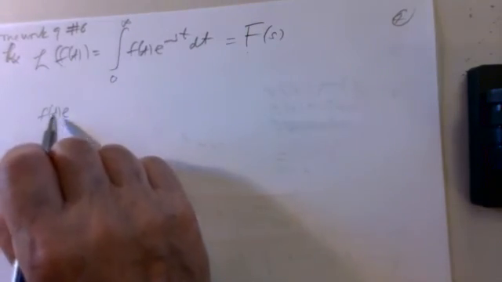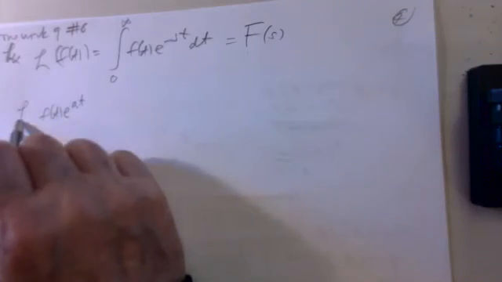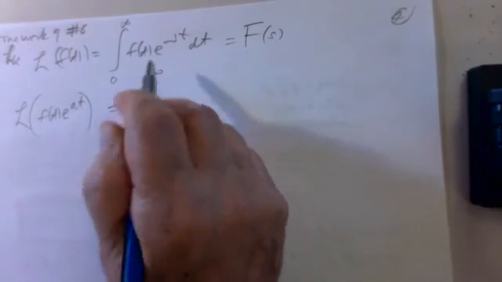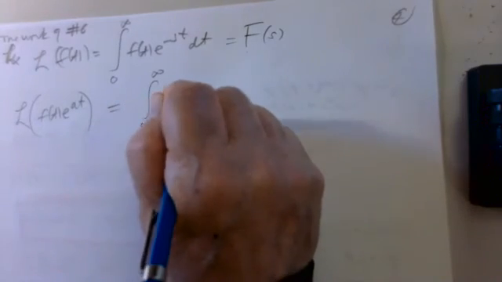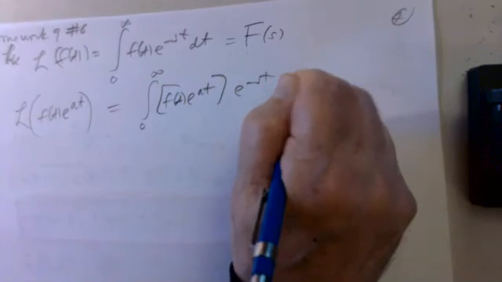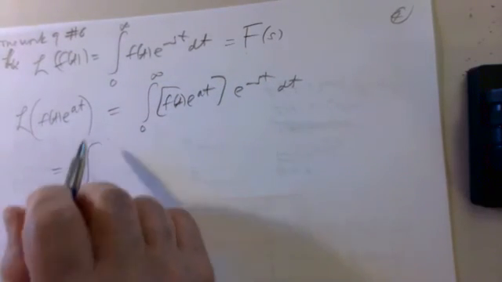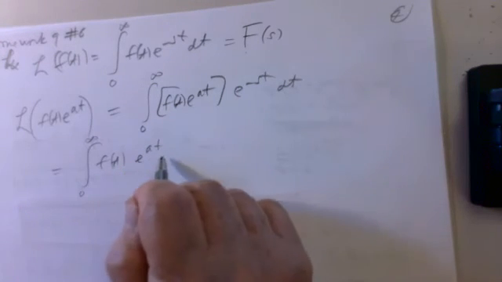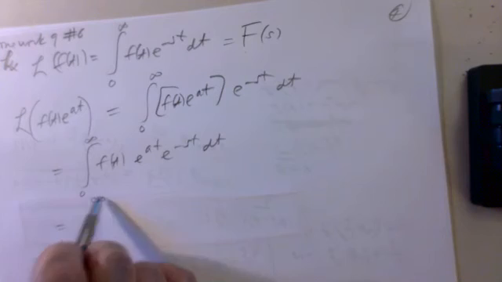So what about the function f of t e to the at? What is the Laplace transform of that? This is the integral from 0 to infinity of f of t e to the at times e to the minus st dt. That's the same as the integral from 0 to infinity of f of t e to the minus (s minus a) t dt, just using rules of exponents.